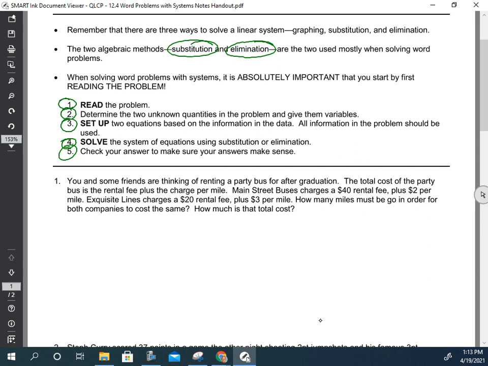So that's pretty much how that will work. Nonetheless, with word problems, read, figure out what you're missing, set up the equation, solve it. Pretty straightforward with what you need to do.